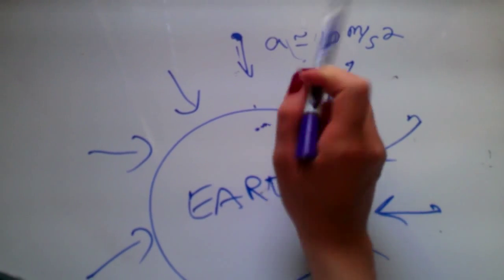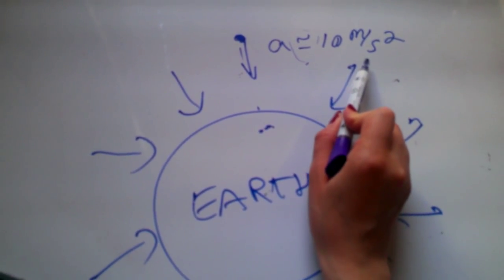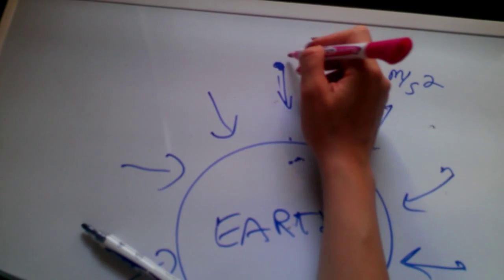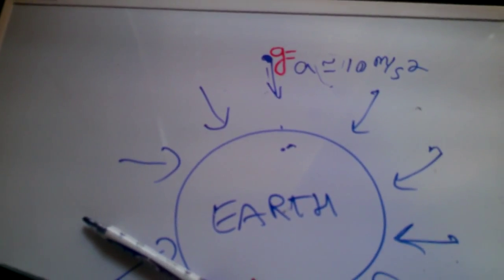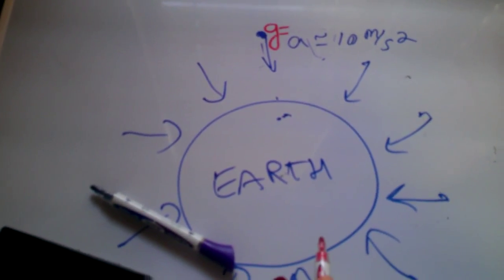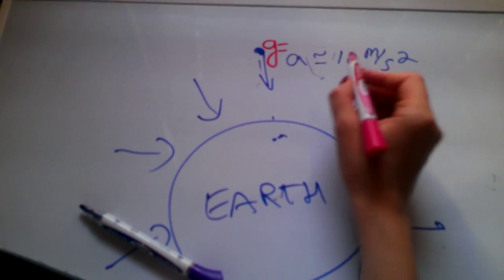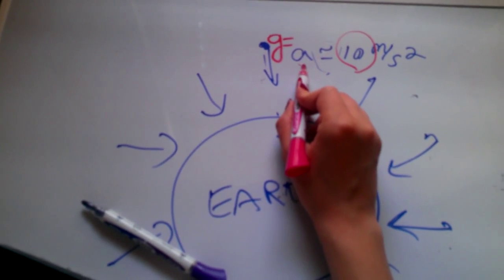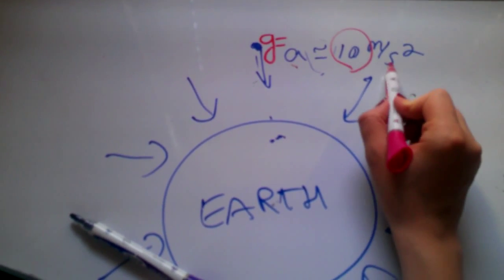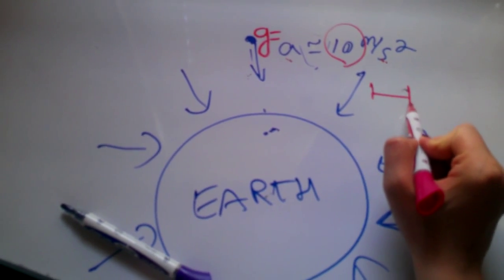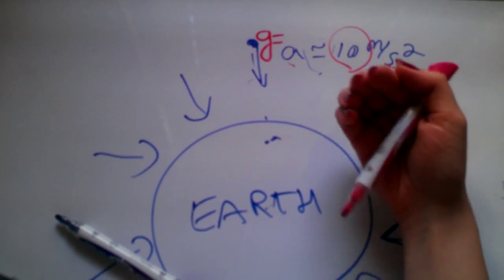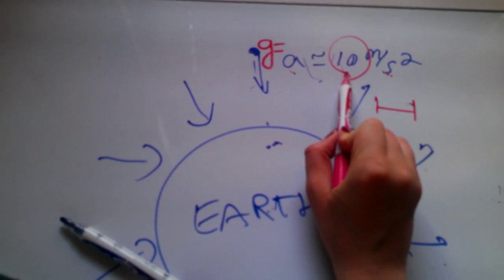This means roughly, it's not exactly 10 meters per second squared. Because this is a very special number for us, we give it a different sign. We call this G. G for Earth is 10 meters per second squared. And what this number means is that at every single second, at every single unit of time, the velocity of a falling object is increased by 10 meters per second.